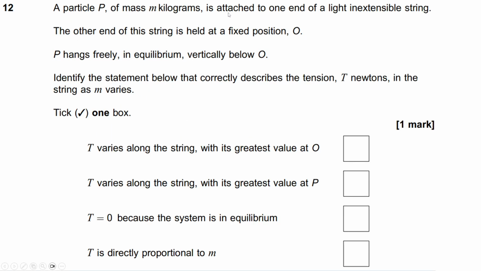Particle P of mass 7 kilograms is attached to the end of a light inextensible string. It hangs freely in equilibrium. First of all, it's not going to be this or this, right? Or even this. Yeah, it's not going to be any of these three. Obviously, the answer will be this, because if you think about it, how is the tension going to be 0 if there's a force acting down?